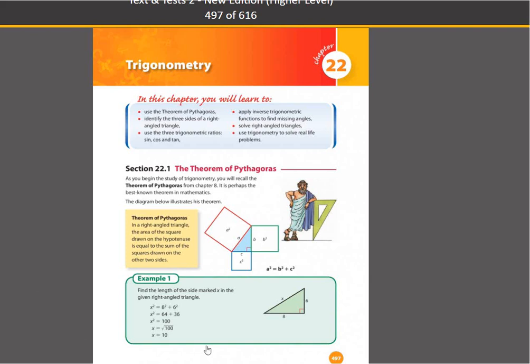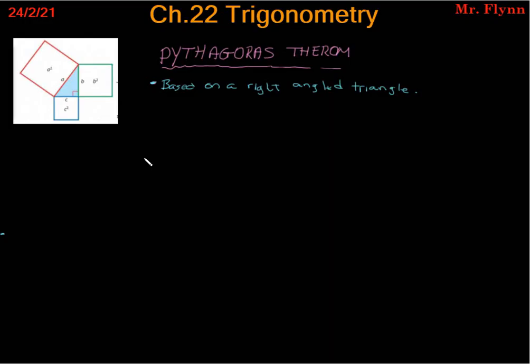So again, right angle triangle, 90 degrees within one of the three angles of a triangle, and based on the area. So we're talking about the area of each of our lengths or of the side of a triangle when we square them. If we're looking at this a squared in here, this red area, that is based on the length of one side of the triangle A, which we would refer to as our hypotenuse.